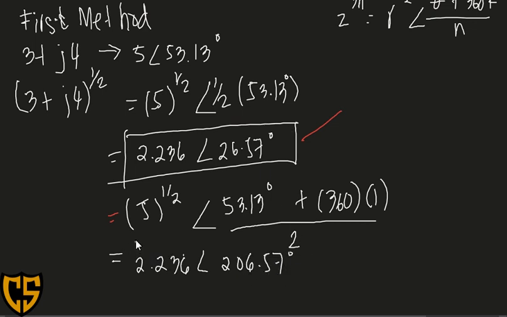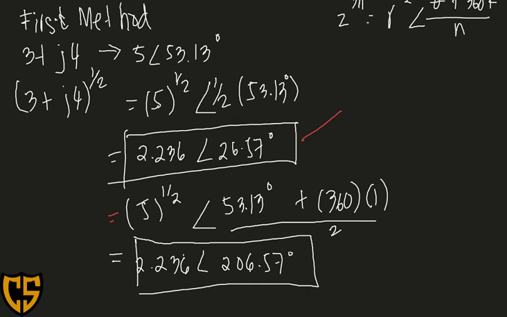So this now will be another answer. Let me erase this. Okay, divide by 2 directly. So 2.236 still, but the angle is 206.57 degrees. This is our final answer for the first method.